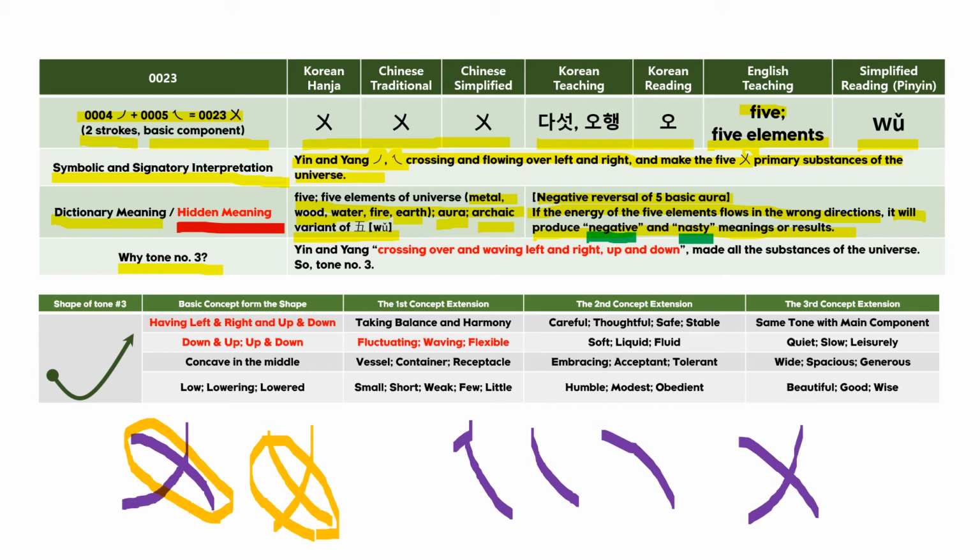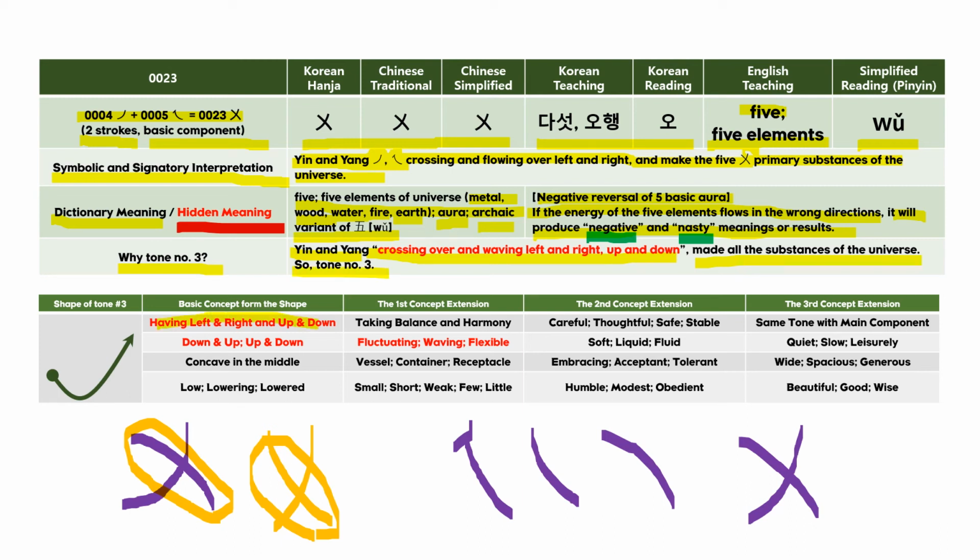Okay, the next question is why this character has tone number 3 value. Yin and yang, crossing over and waving left and right, up and down, made all the substances of the universe. So tone number 3.